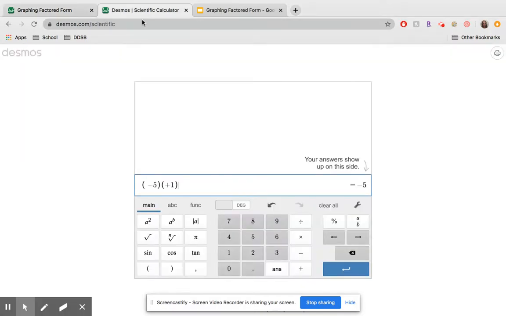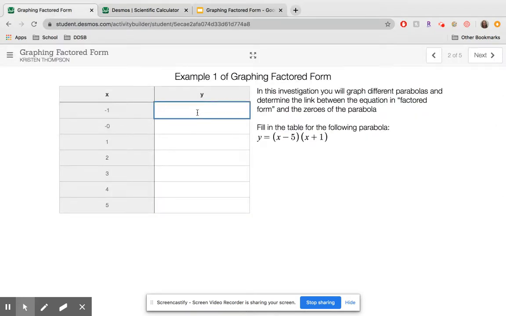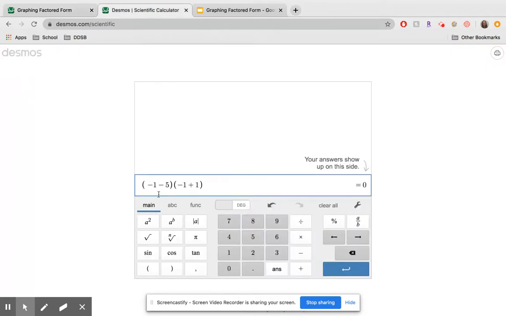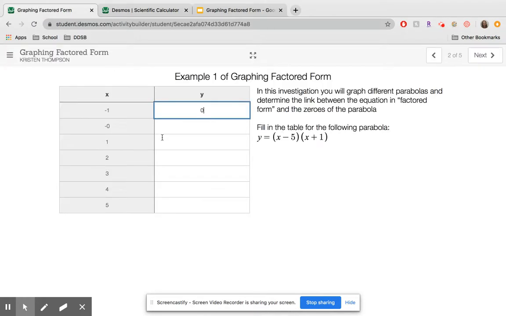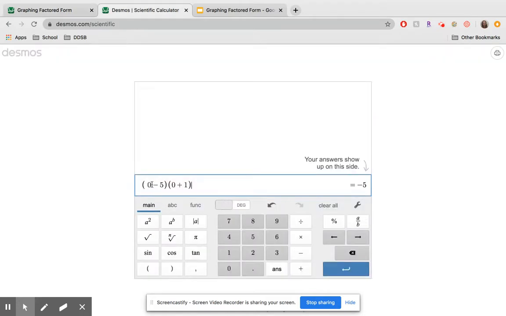You can use a scientific calculator. So I'm going to put -1 minus 5, -1 plus 1, and I get 0. Then I'm going to put 0 in for x, and I get -5. Then I'll put 1 in, and get -8.